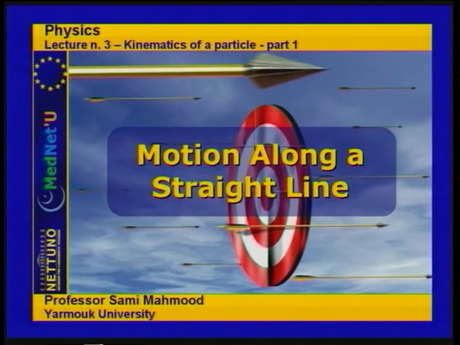Thus, we realize that the motion of an object can be along a straight line in one dimension, and this motion is the simplest motion of an object.